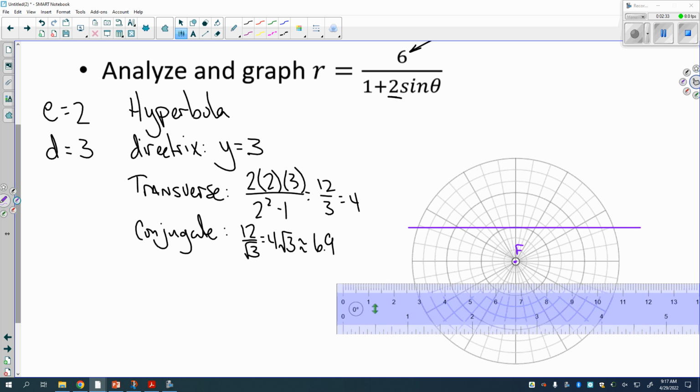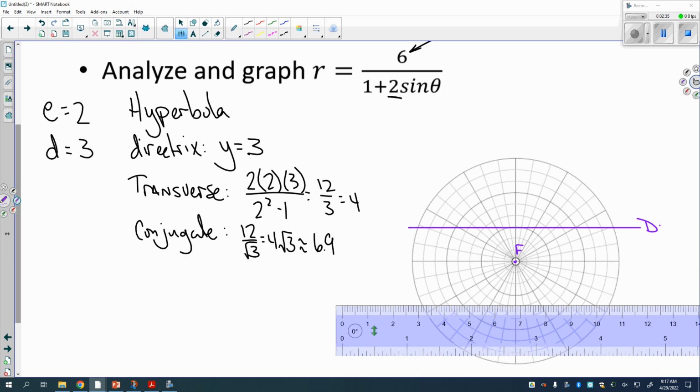Put in a line. That's a directrix. And somewhere in between the focus and the directrix is the vertex.